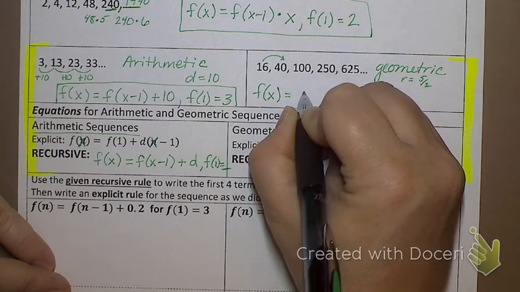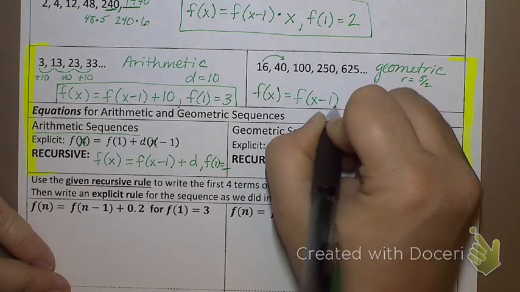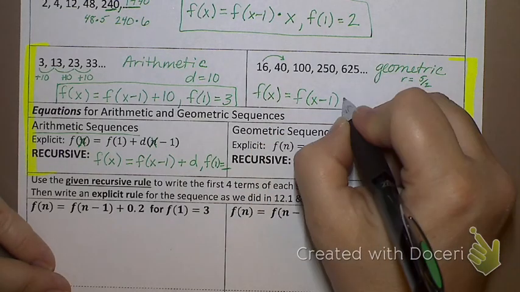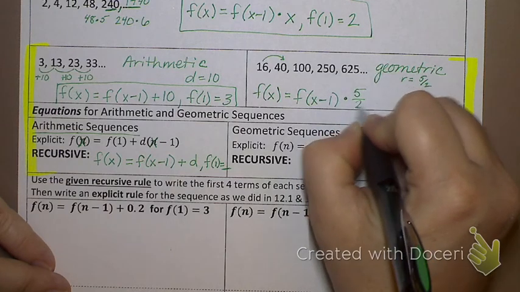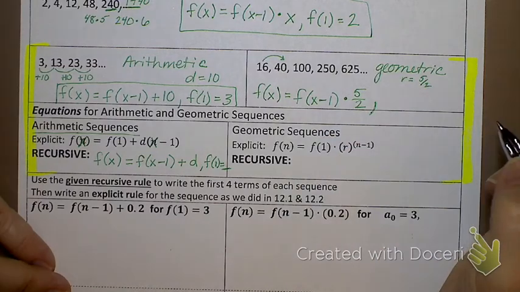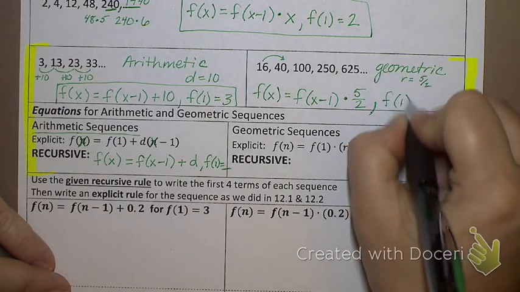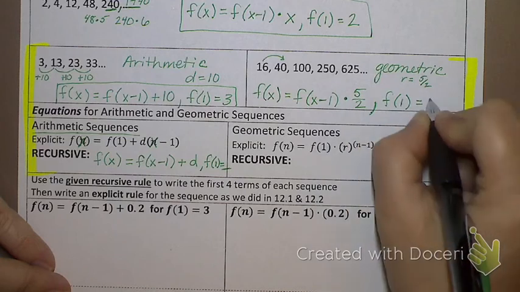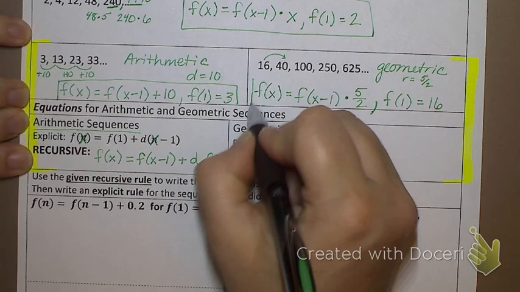How do I write that? F of x minus 1. And I do what to that? Multiply it by 5 halves. Put a comma, because what else do I need to include? The first term, which is f of 1. And what does f of 1 equal? 16. That's my rule.